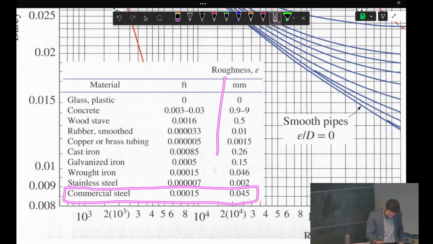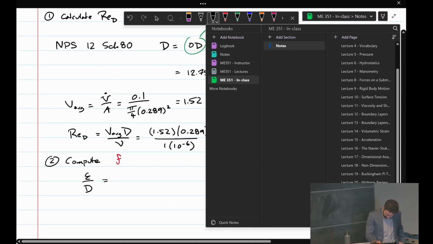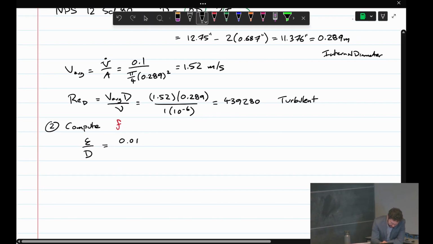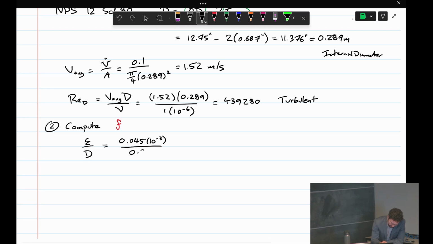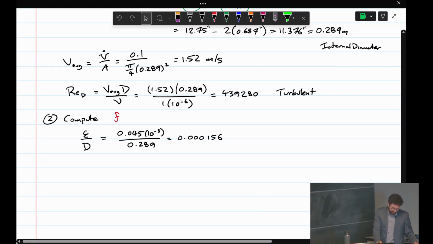Our roughness is going to be 0.045 millimeters. So that's 0.000156. So that's good. We have a Reynolds number based on diameter and relative roughness.